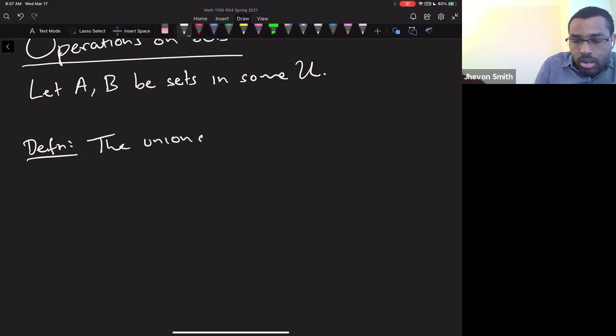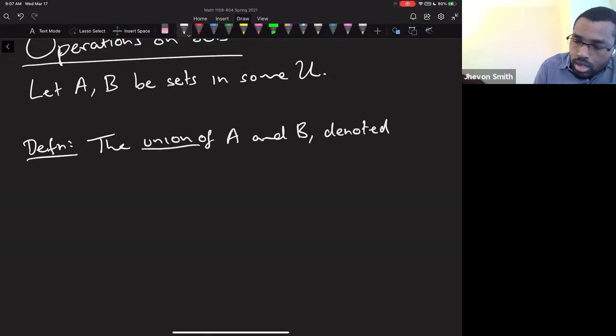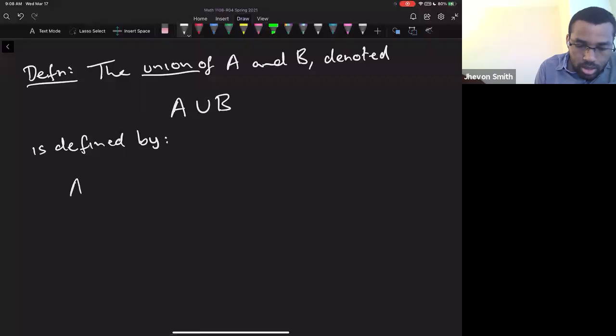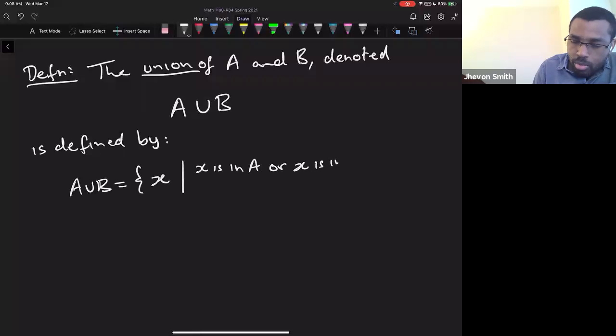The union of A and B, denoted A ∪ B, is defined by: A union B is the set of all things X such that X is in A, or X is in B, or X is in both.